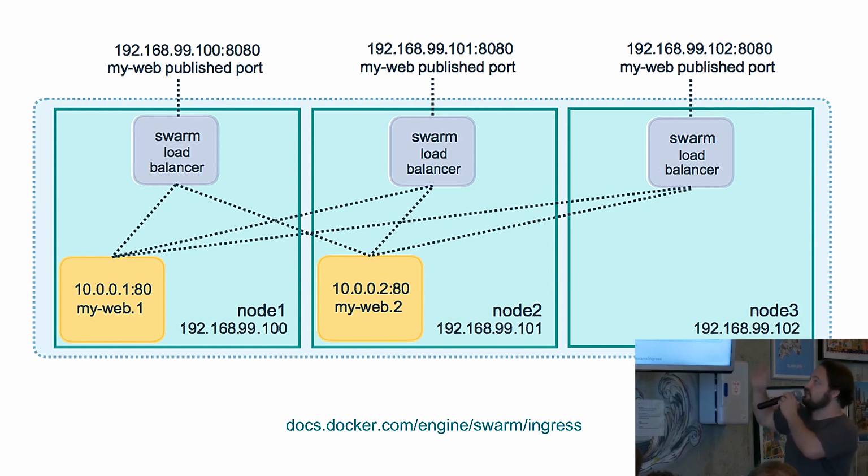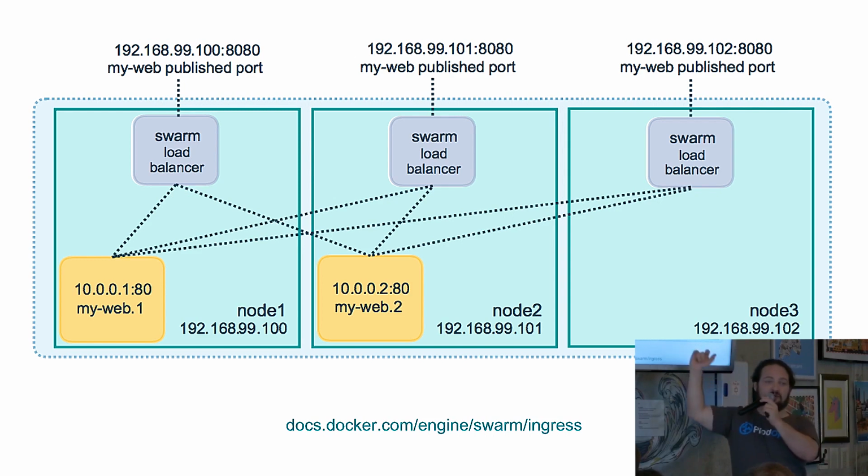If we have 3 hosts and we publish a port, for example, 8080, there will be a process running on each of the hosts, listening to port 8080, even if there are no containers, no tasks of that particular service running on that host.